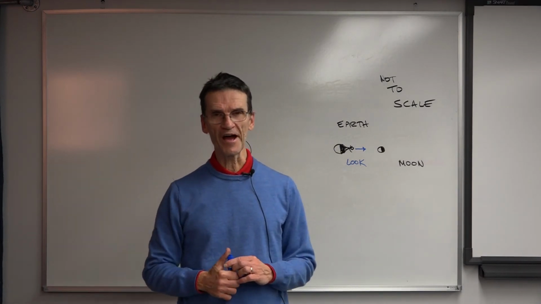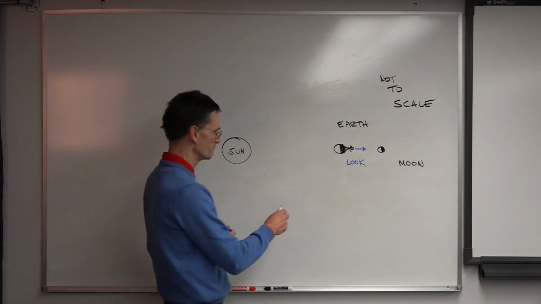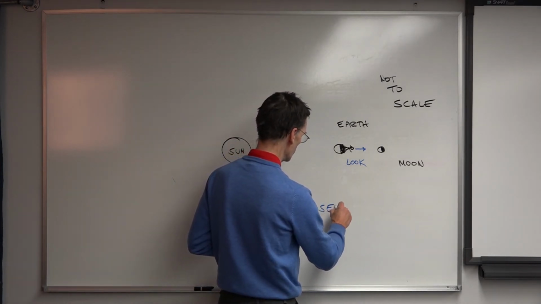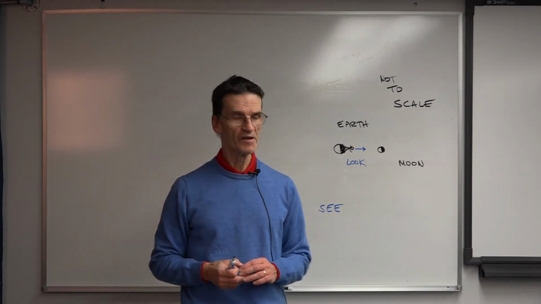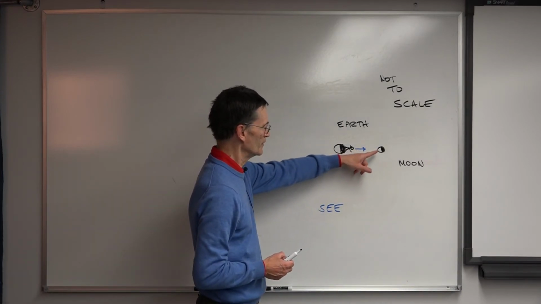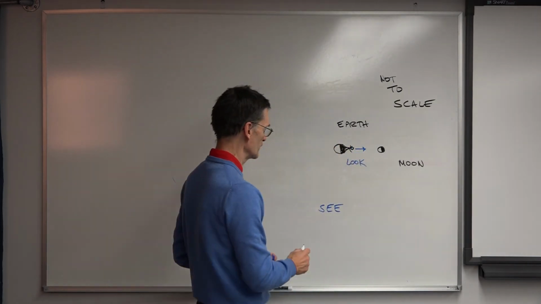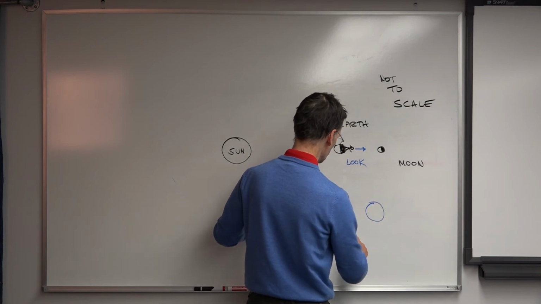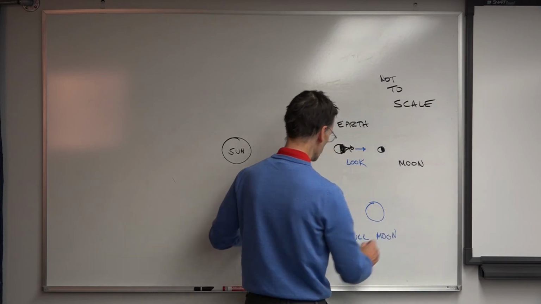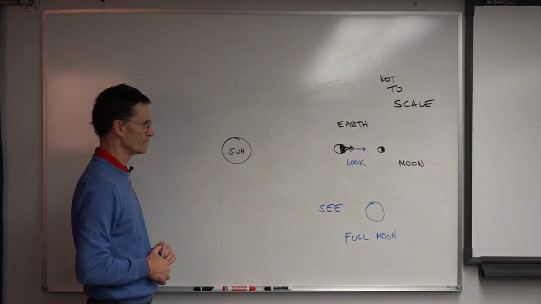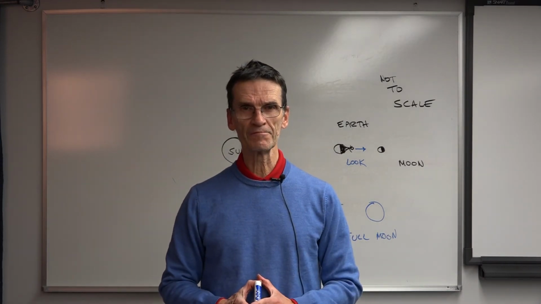What do you think you see now? Well, it's going to be different from a half moon. When you look up from this position, you're seeing the whole lit side of the moon. You're going to see a full moon, because you're looking at the side of the moon that's lit from sunlight.